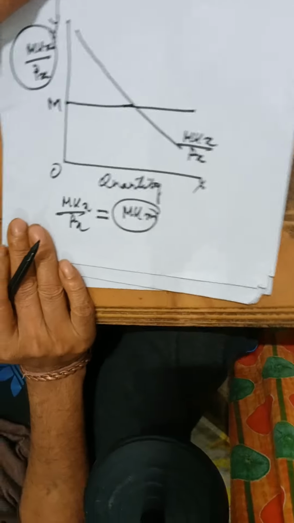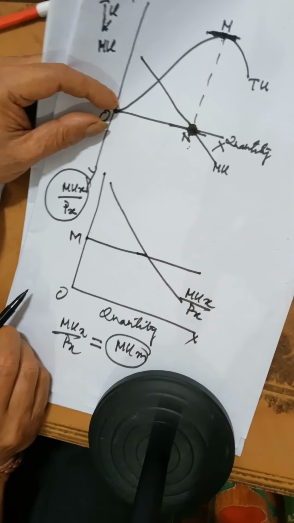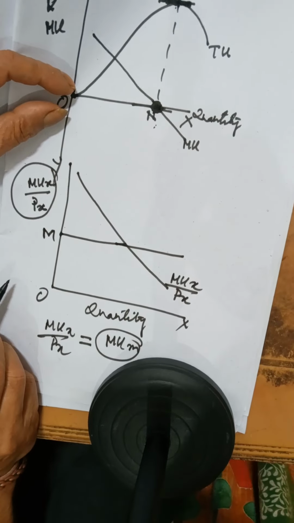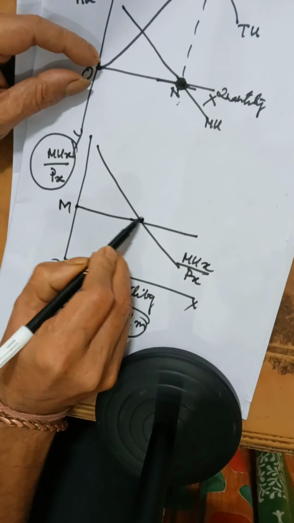OM is the marginal utility of money. So we can see that the MUx by Px line and the marginal utility of money line intersect at a point, say, S.